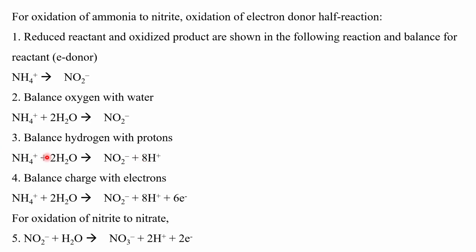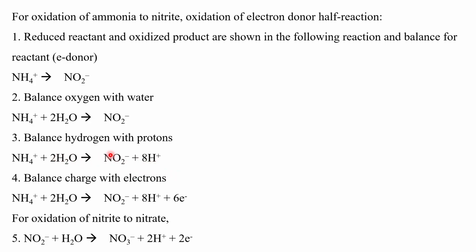Now you can see the charge. What is the charge on this molecule? Plus 1, right? What is the charge on the other side? We have plus 8 minus 1, so that is plus 7. So one side has plus 1 charge, the other side has plus 7 charge.